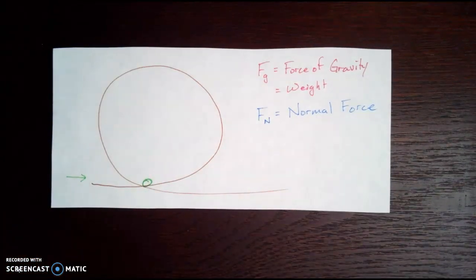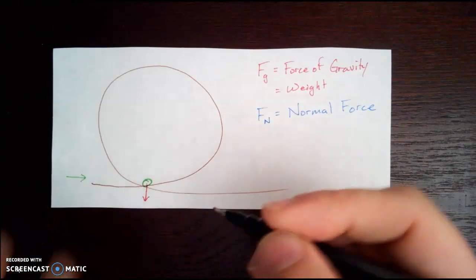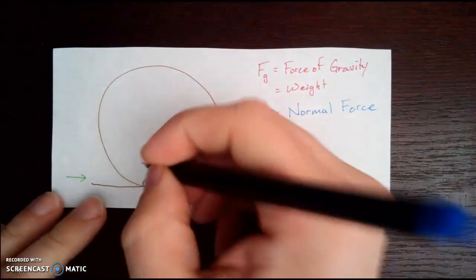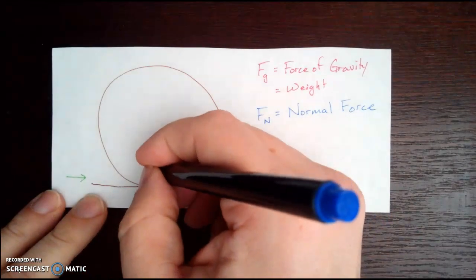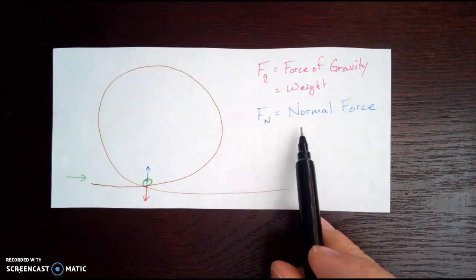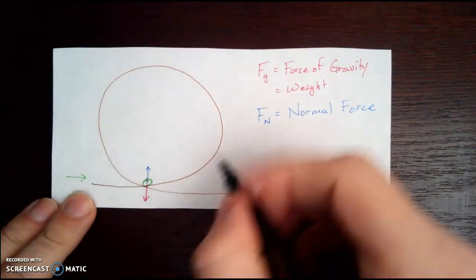At the very bottom of the loop, we are going to have a force of gravity that points down, and we're going to have a normal force that points up. Notice I have my color codes where blue is the normal force and my reddish color is the force of gravity. Now the ball is going to continue up.